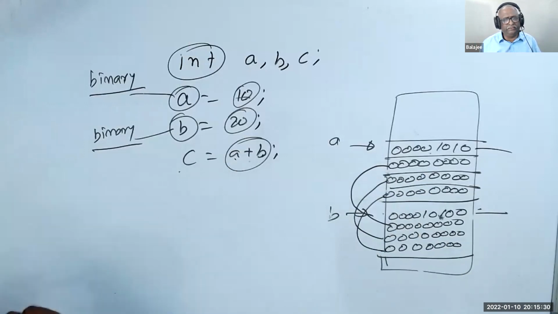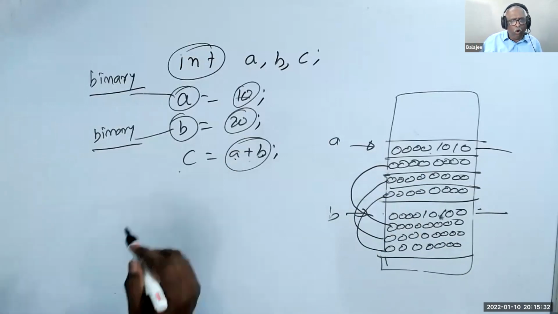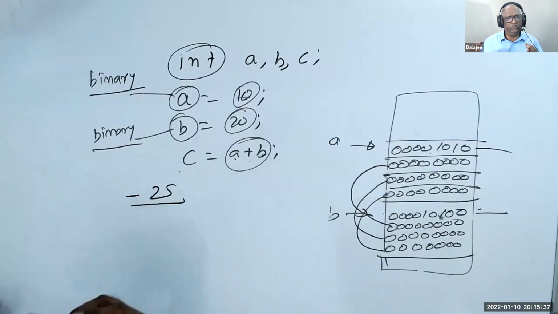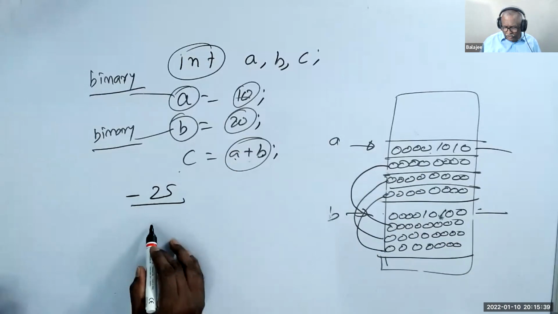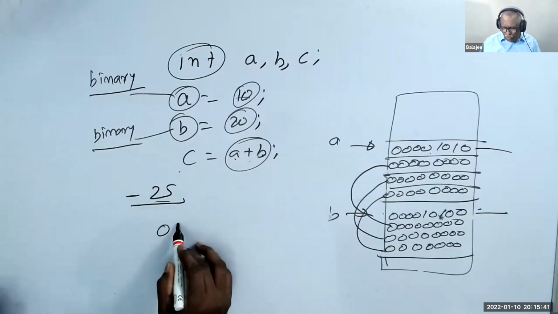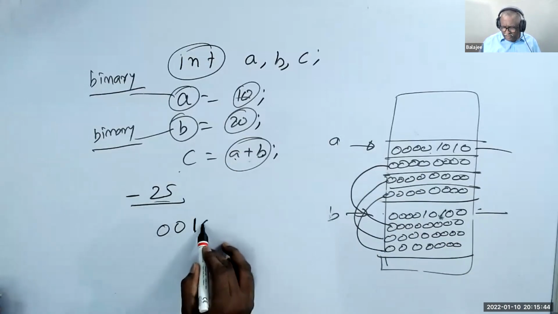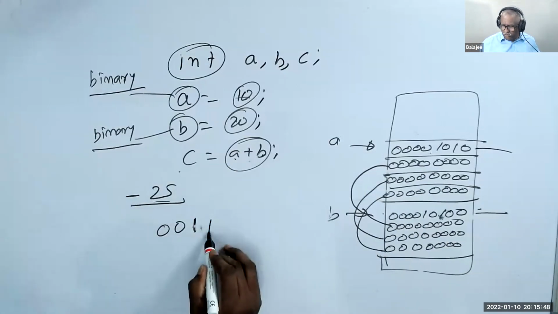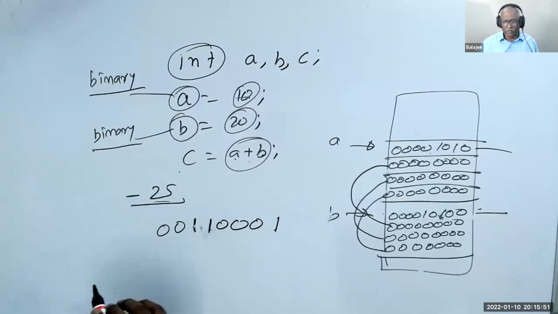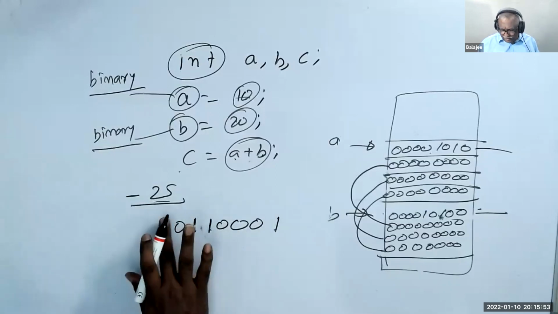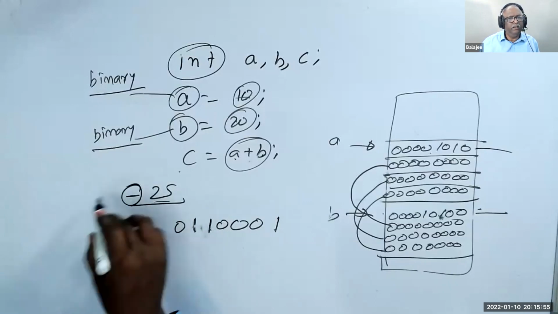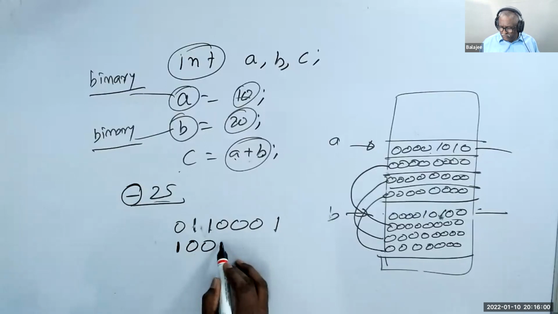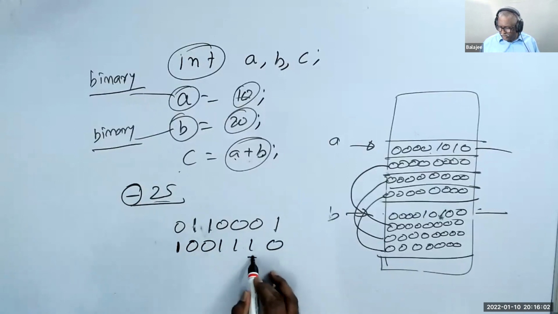And in the last session, I explained how a negative number is stored. If you say minus 25, how is it stored in your memory? 25 is 16 plus 8, 24, plus 1, 25. Then I take the complement, then add 1 to it, then add the sign bit, because I use the sign bit for negative.